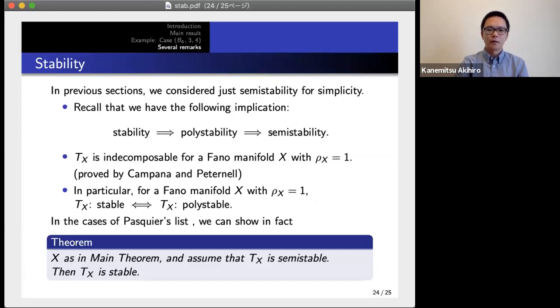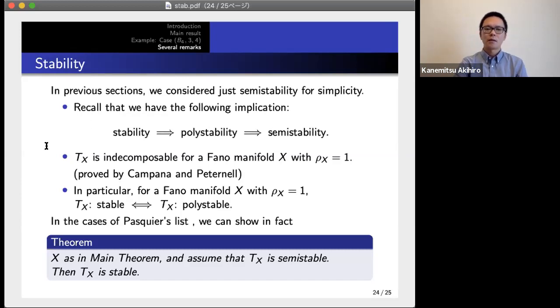Okay, finally, let me give one remark on the stability of tangent bundles. In previous sections, we have considered just semi-stability for simplicity, but depending on the context, it is also important to determine whether they are stable or not, and also whether they are polystable or not. And in general, stability of a vector bundle implies its polystability, and the polystability implies semi-stability.